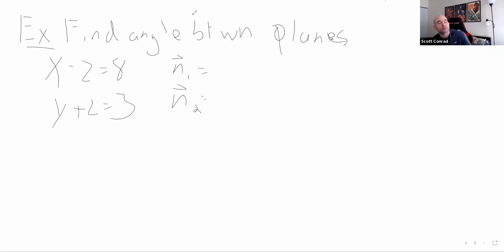So what's a normal vector on our first plane? It's going to be 1, 0, negative 1. And the normal vector on our second is going to be 0, 1, 1. Right. So we're going to find the angle between these two normal vectors.